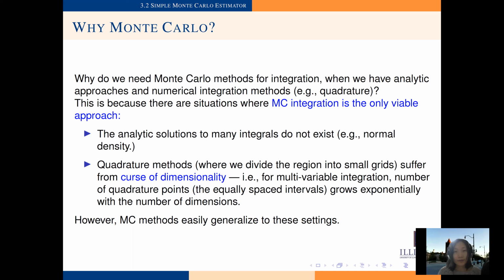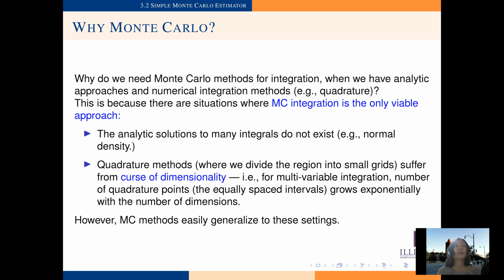In other words, for univariate cases where we're just trying to integrate one variable, it works pretty well. However, for multivariable integration problems, the number of quadrature points, that is, the number of equally spaced intervals that we have to choose, will grow exponentially with the number of dimensions.